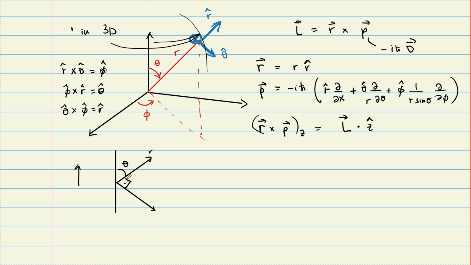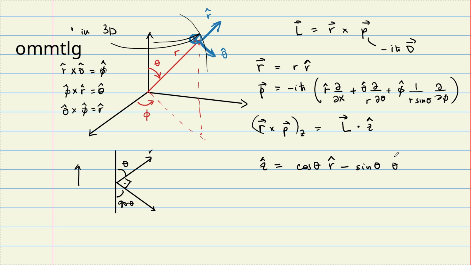My Z vector is cosine theta times r vector minus, this is theta, this is 90 minus theta, but cosine of 90 minus theta is sine theta, so sine theta times theta hat.